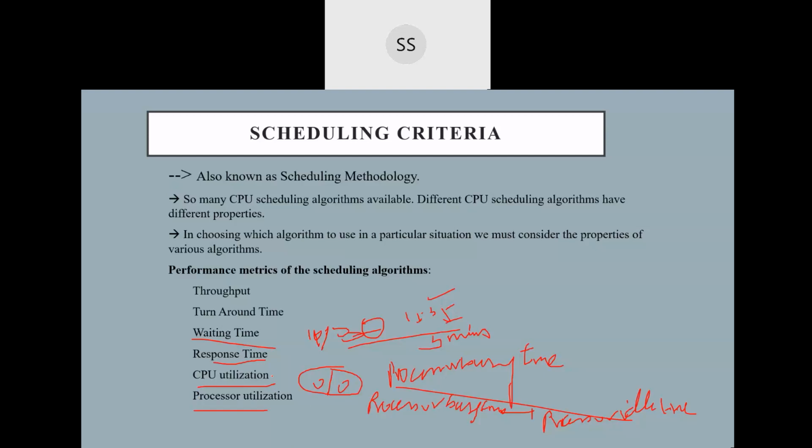Turnaround time must be minimum, waiting time must be minimum, and response time must be minimum. The rest must be maximum. Is it clear, guys?